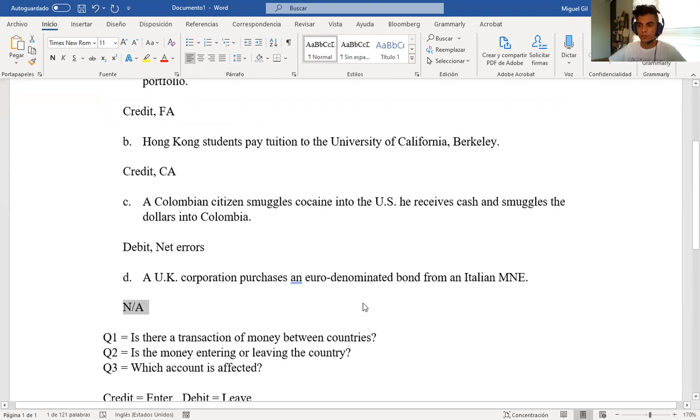Okay, so with this, I think we can close the topic about classifying transactions in the balance of payments. It's all about practice. If you make a mistake, you will probably make it on a homework or an activity, because I will try to be as tricky as possible so you can make mistakes earlier and not in the exam, okay? So pay attention. If you have any questions, let me know. I will give you the activities and the homework, but I will also give you the answers.